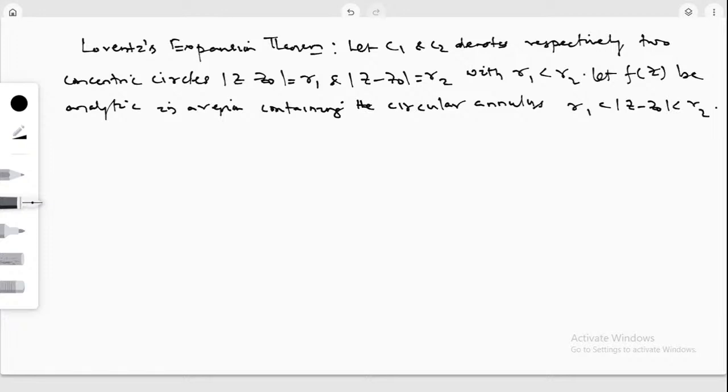In this annular region, the function f of z is analytic. So if these two conditions are given, that means C1 and C2 denote respectively two concentric circles.